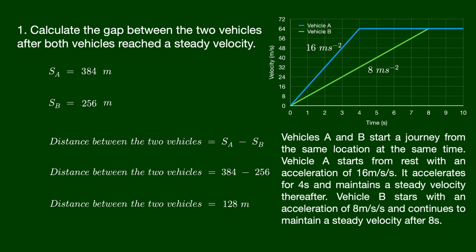This gives the gap that the two vehicles will maintain after the 8th second. However, we can also calculate this gap between the two vehicles by calculating the area shown in the graph. This is another method to calculate the distance between the two vehicles.